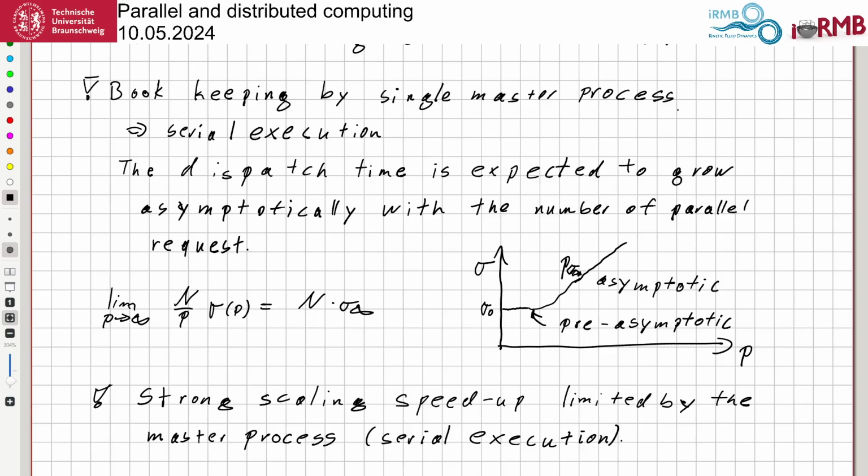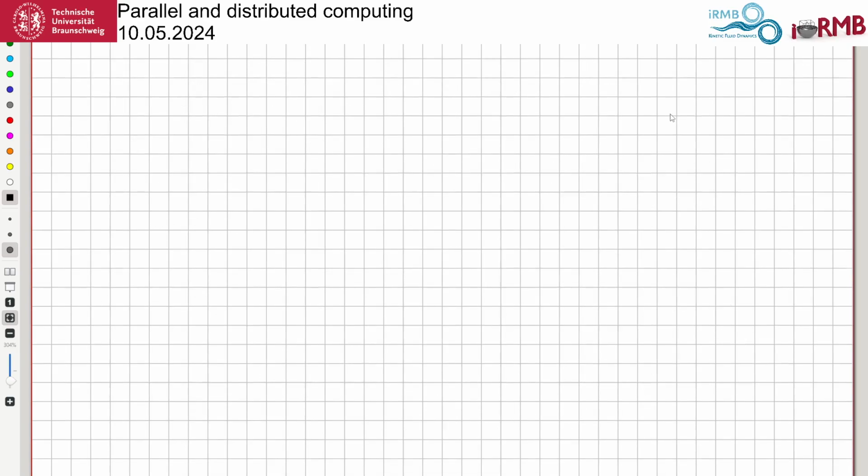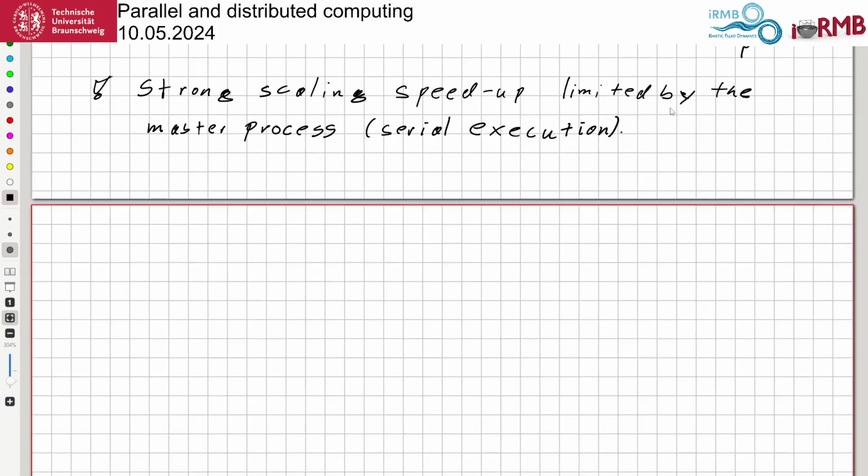So how's the speedup defined? Speedup, we call this capital S. The speedup was the serial execution time divided by the parallel execution time.